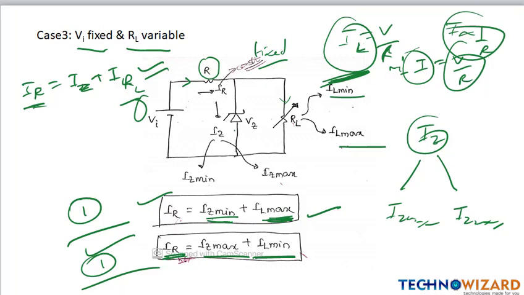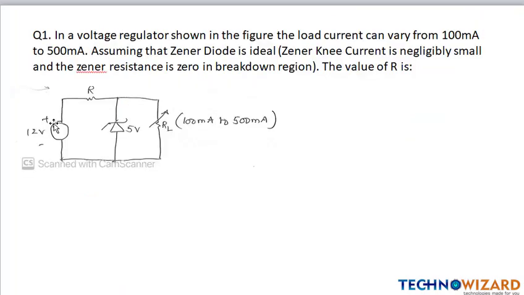Now we will do one question based upon our case 3. In a voltage regulator shown in the figure, the load current is varying from 100 milliampere to 500 milliampere. Therefore, I can write IL minimum is equal to 100 milliampere and IL max is equal to 500 milliampere.